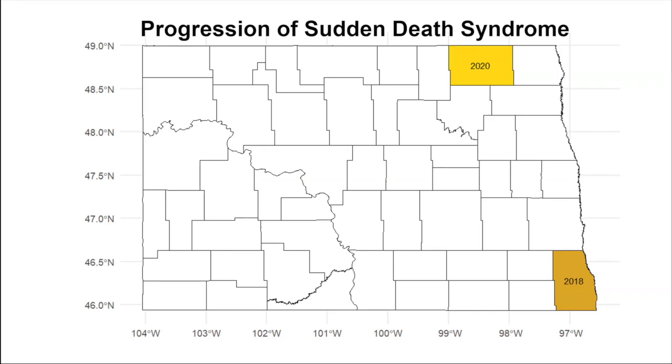But then in 2024, because of all the excessive moisture that we saw early in the season and through the early to middle part of the season, we saw SDS develop again. In Richland County in particular, almost every field I stepped into, I found SDS at some level. It was symptomatic. We also found it in Cass County, as you can see in the map.